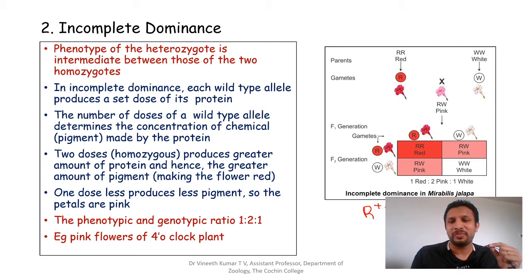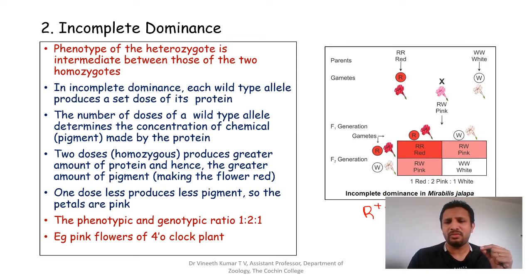So this can be taken as capital R negative. In this representation, you can see that there is no relationship where one is dominant and the other is recessive. Plus refers to the wild type, and the other refers to the mutant variety or the white variety.